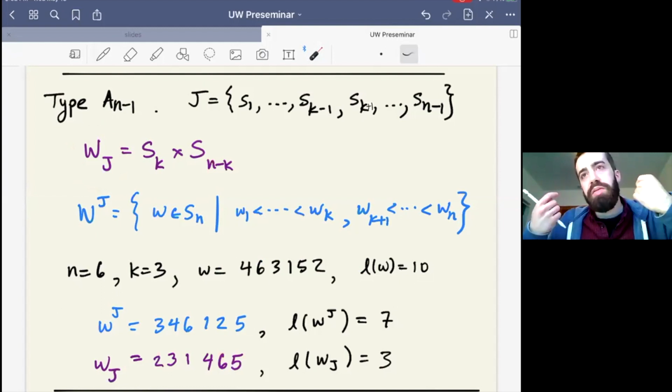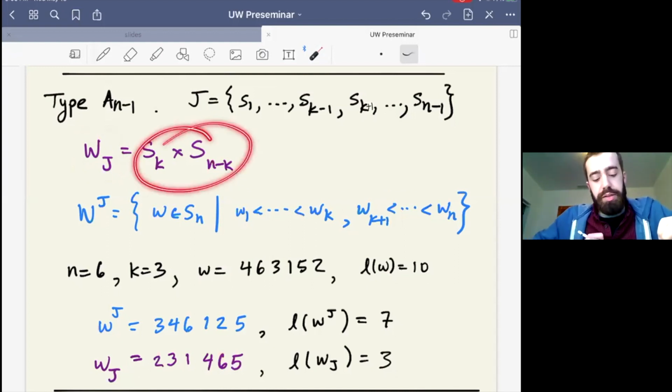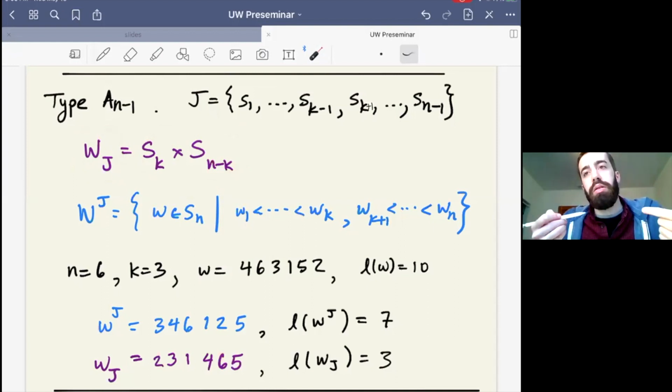So in order to specify a general permutation, the extra information that needs to be provided by the coset is which numbers are in the first k positions and which numbers are in the last. That is, cosets of this parabolic subgroup are in bijection with subsets of size k of 1 up to n, just telling me which numbers are among my first k. And that makes sense because this group has index n choose k in the full symmetric group.